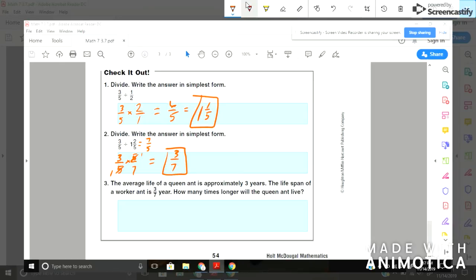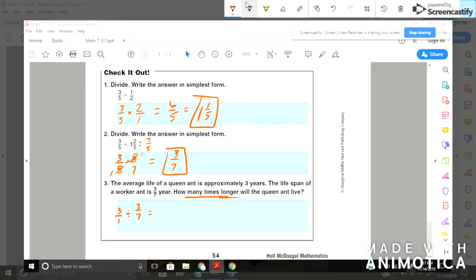And lastly, average life of a queen ant is 3 years. The lifespan of a worker ant is 3/7. How many times longer, reads you division, will the queen ant live? So 3 over 1 divided by 3/7.